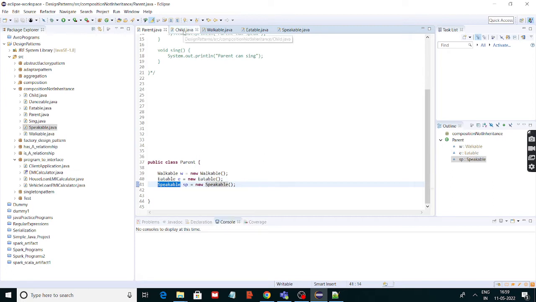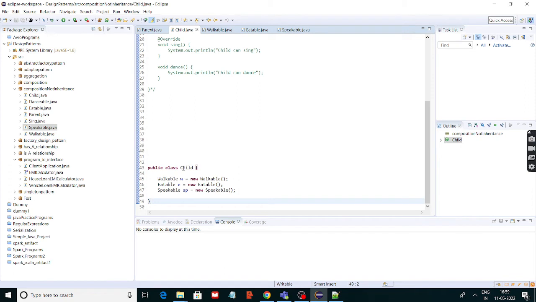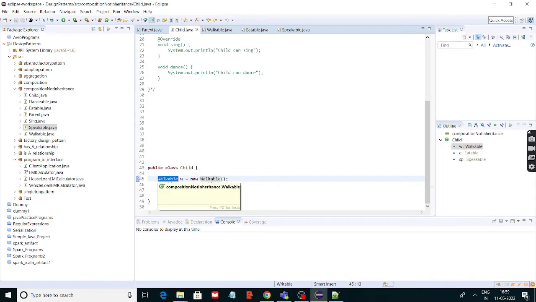In the same way, child is also composed of these three properties: walkable, eatable, and speakable. But one thing we have to observe here is we are not inheriting the parent class. It independently acquired these three properties.